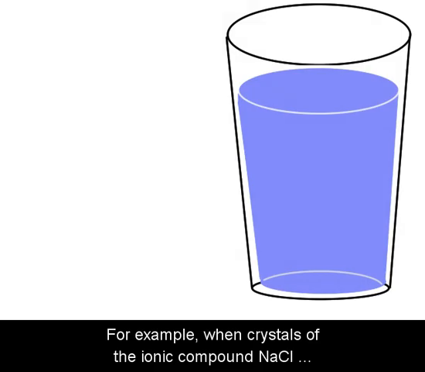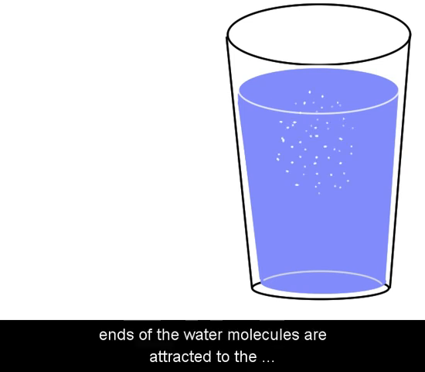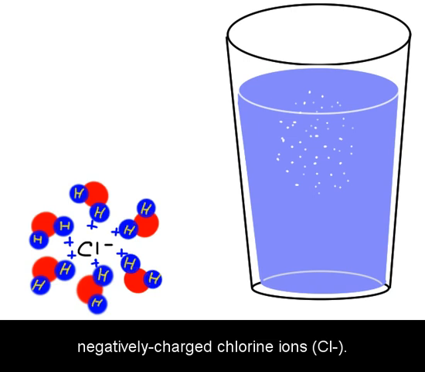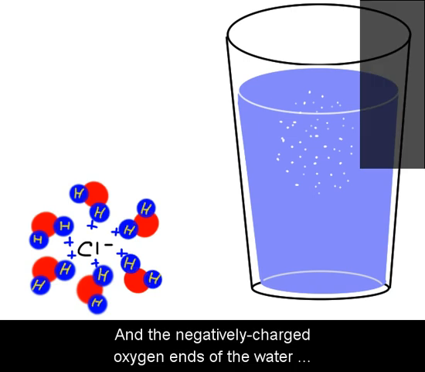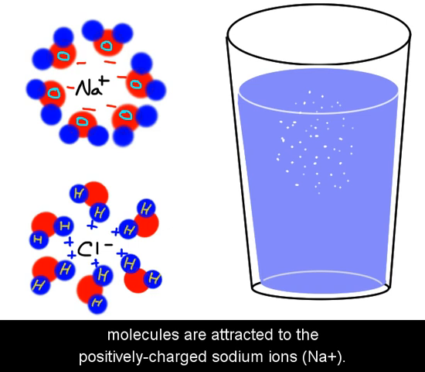For example, when crystals of the ionic compound sodium chloride are placed into water, the positively charged hydrogen ends of the water molecules are attracted to the negatively charged chlorine ions, and the negatively charged oxygen ends of the water molecules are attracted to the positively charged sodium ions.